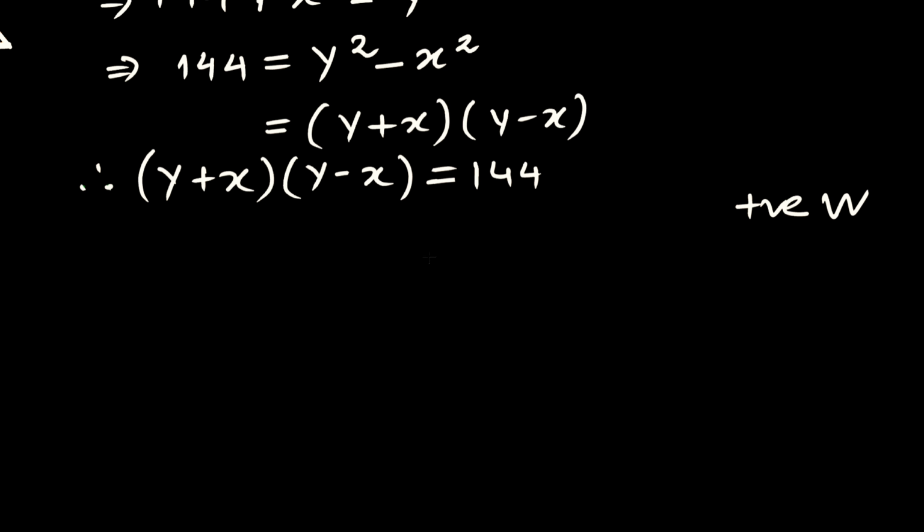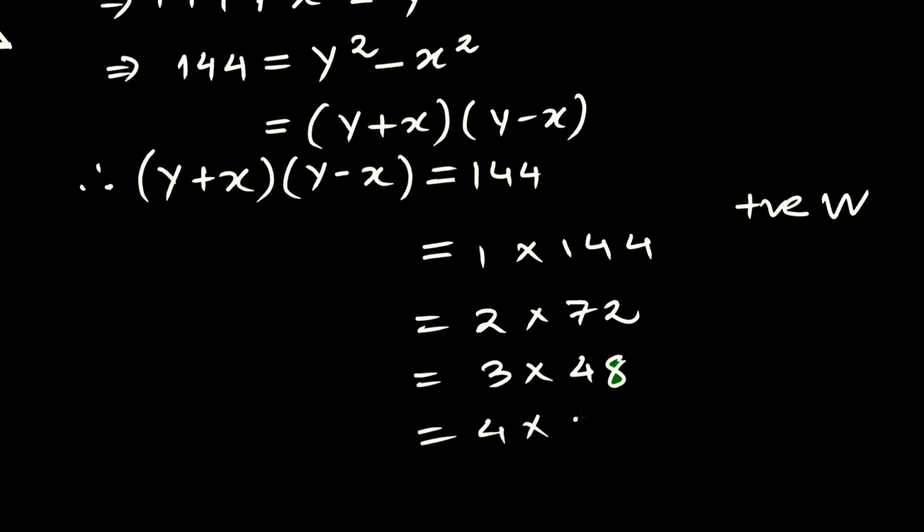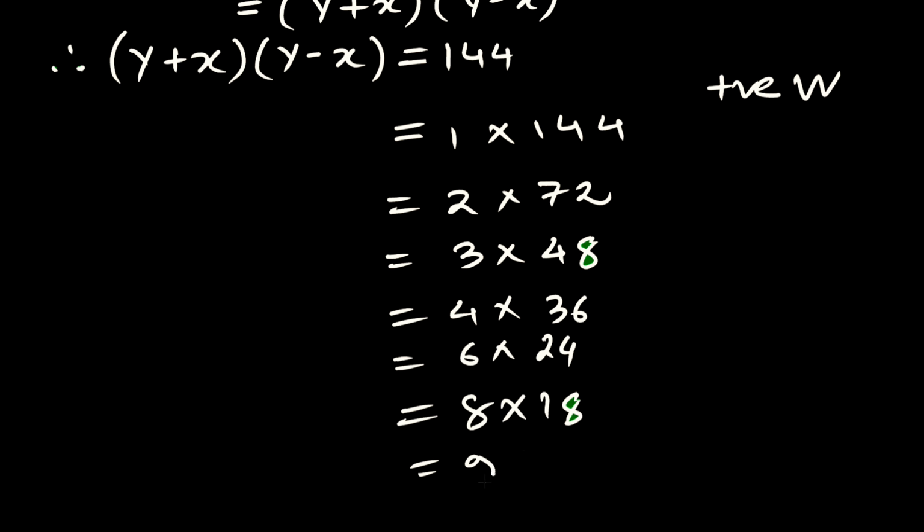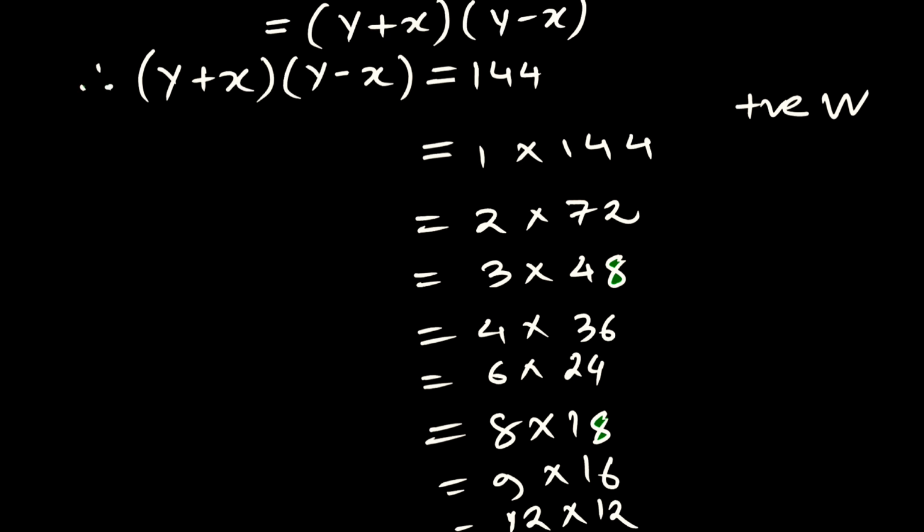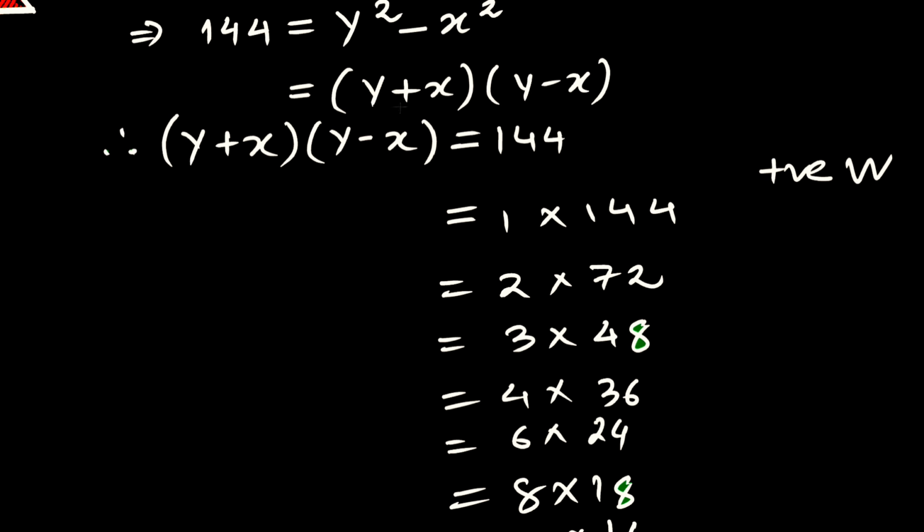Let's now list the positive factor pairs of 144. We have 1 and 144, 2 and 72, 3 and 48, 4 and 36, 6 and 24, 8 and 18, 9 and 16, and 12 and 12. Now we're going to test these pairs one at a time. First, suppose y plus x equals 144 and y minus x equals 1.